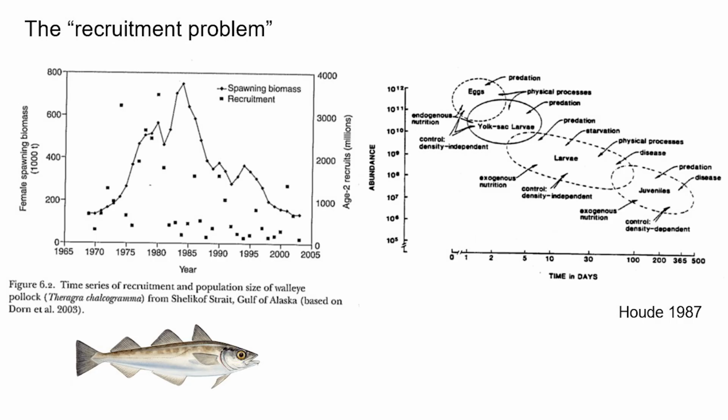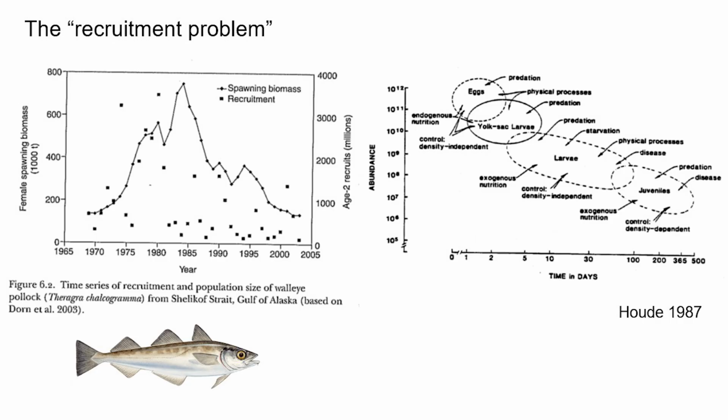It just means that the environment is doing something, because we presume all the fish are spawning and releasing eggs into the water column, but something is happening that we have no idea about that leads to very few or a lot showing up from one year to the next.